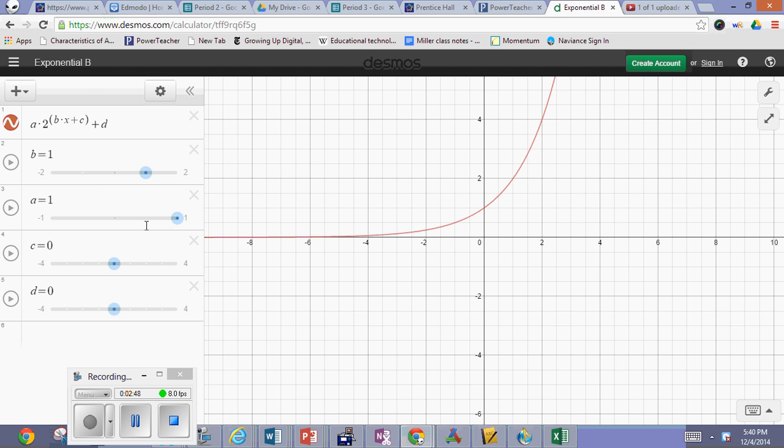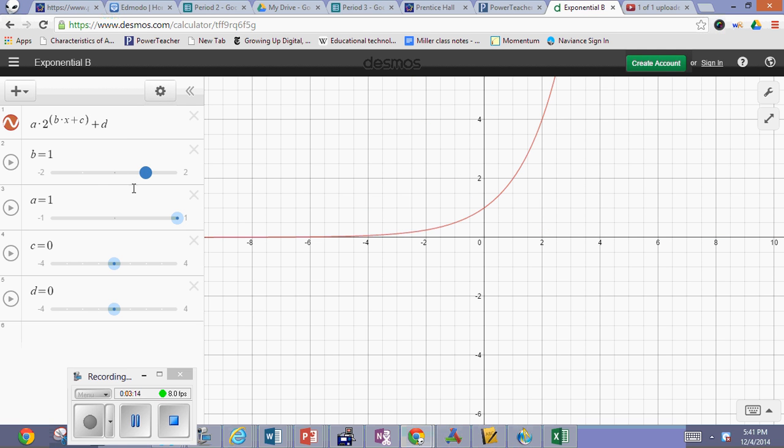So again, we're back to 2 to the x. I'm going to say now it's 2 to the -x, and that flips it across the y-axis because the x has been replaced with its opposite. 2 to the x, 2 to the -x.